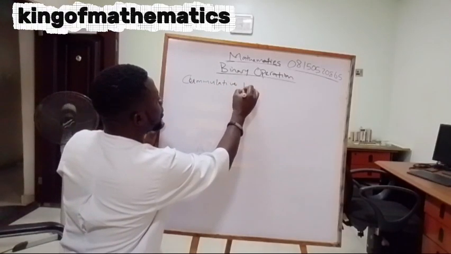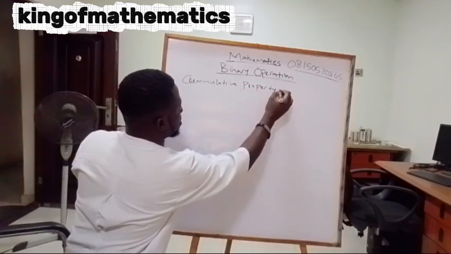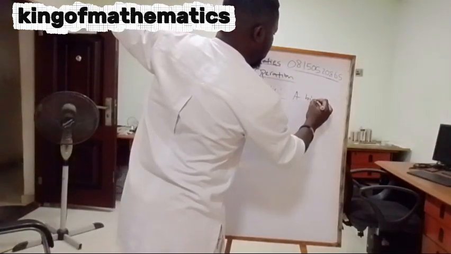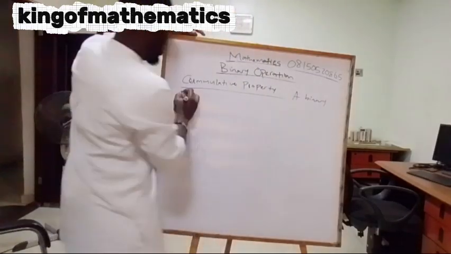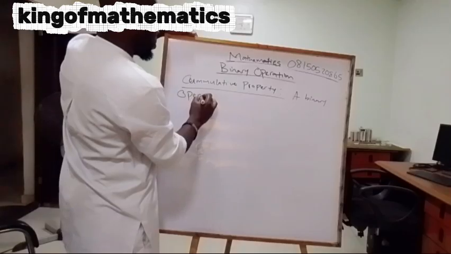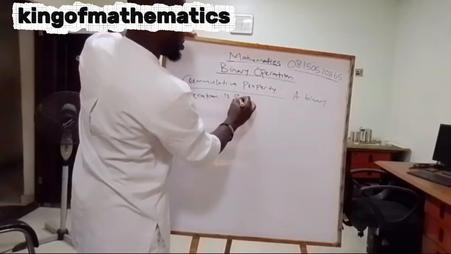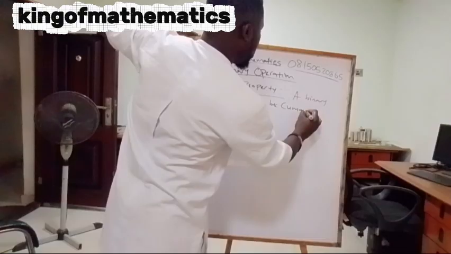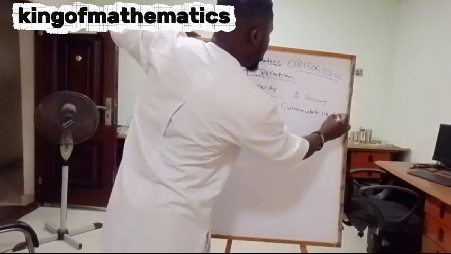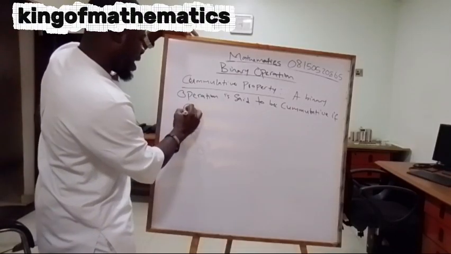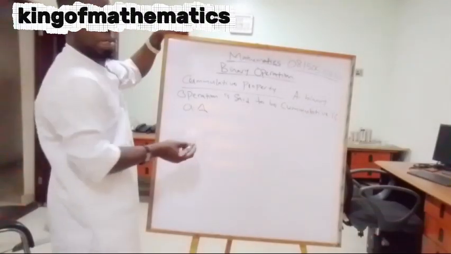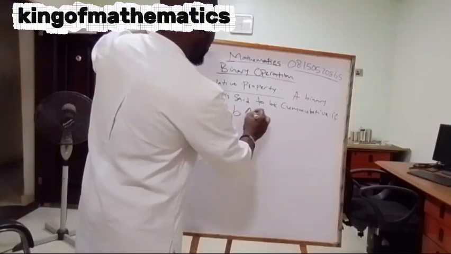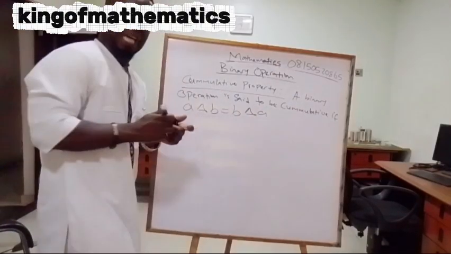Commutative property. A binary operation is said to be commutative if A operation B will give you B operation A. What am I saying in essence?